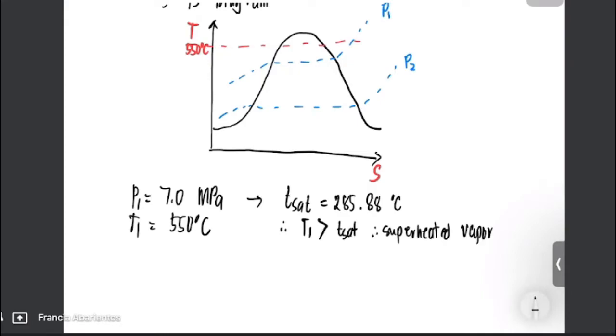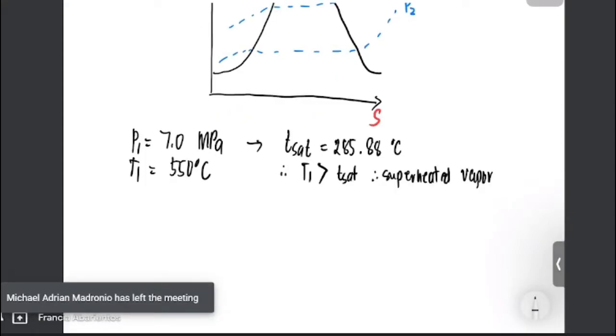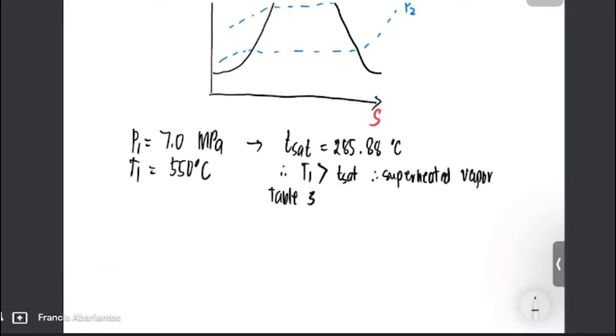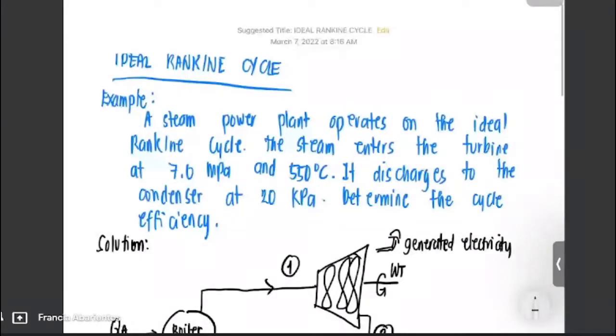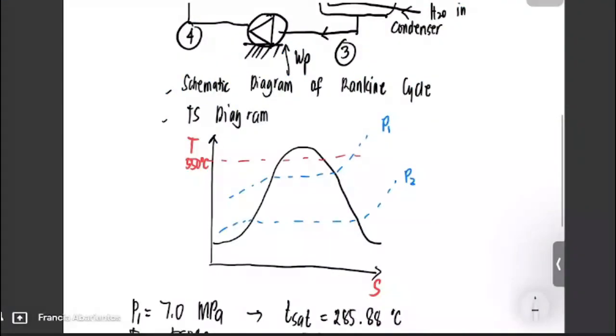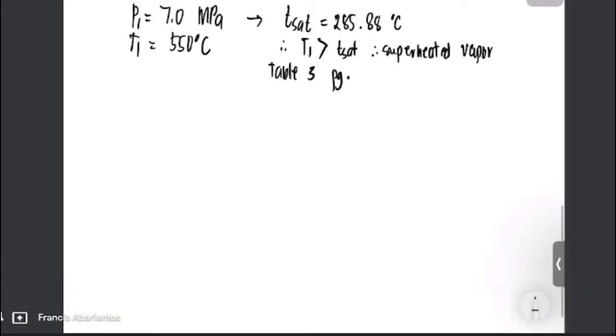Okay. So, saan ka pupunta? Punta ka sa table 3. Anong page? You have your 7 MPa. Okay. So, this is page 69.